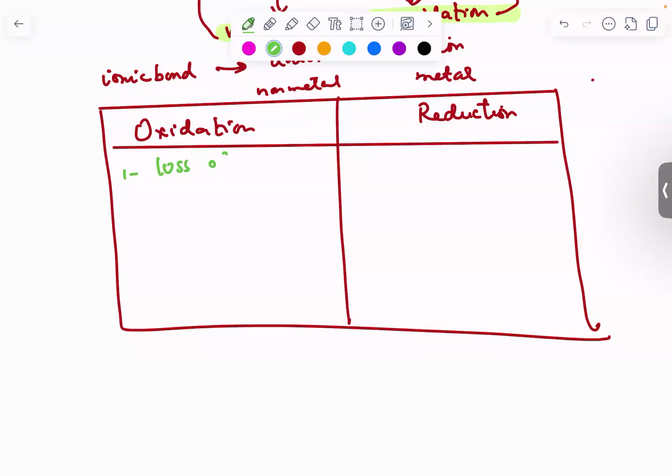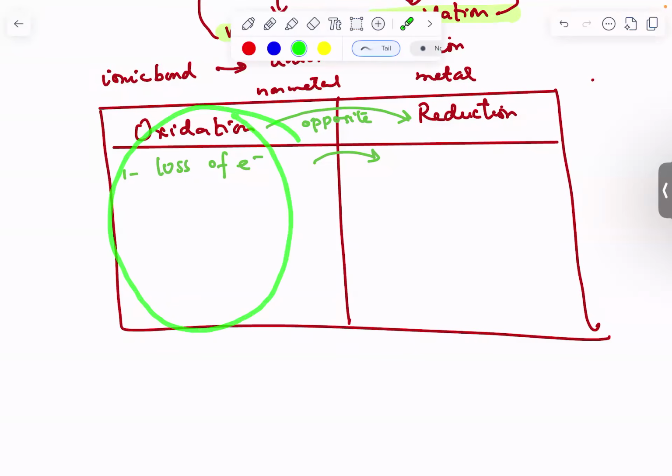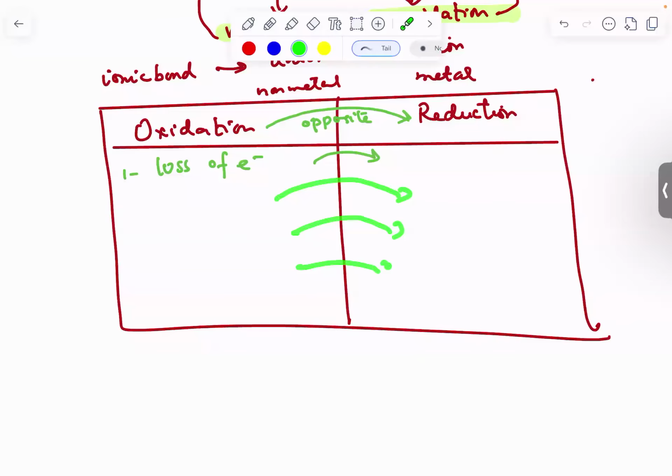Keep in mind that the opposite of oxidation is reduction. Whatever I write in this column, I will write exactly the opposite in the other column, for reduction. So starting off, oxidation is loss of electron, which means reduction is gain of electron.